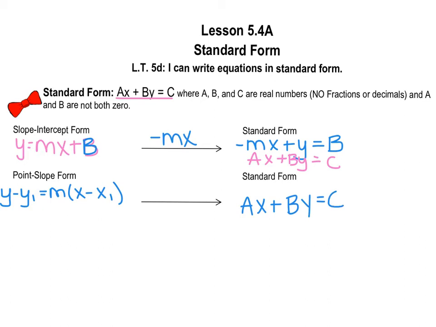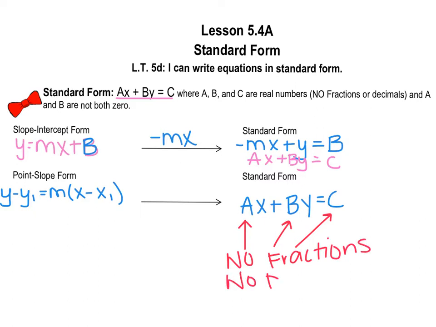If you want to remind yourself, these cannot be fractions or decimals. So no fractions, no decimals. When we come across them, I'll show you how we change them into no fractions or decimals.